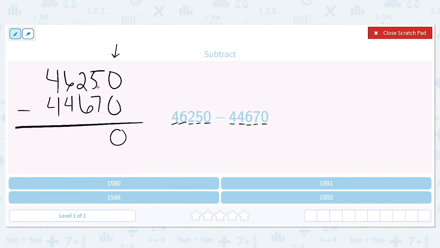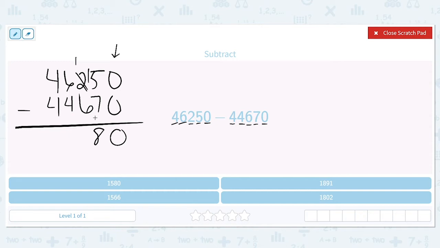Now we want to subtract 5 minus 7, but that's not quite possible, so we need to borrow from the hundreds place. So we're going to take this and turn it into a 1, which means we really have 15 minus 7. 15 minus 7 is 8. Now we have not 2 minus 6, but 1 minus 6, which also isn't quite possible right now.